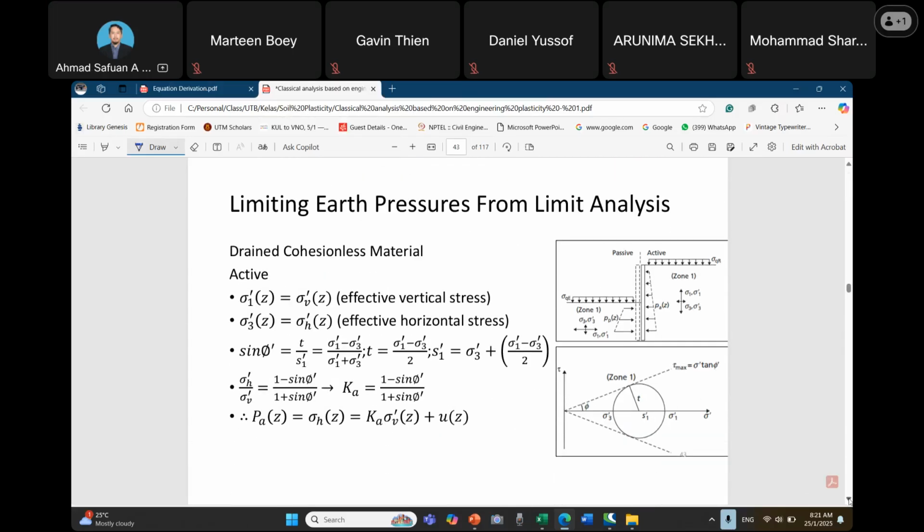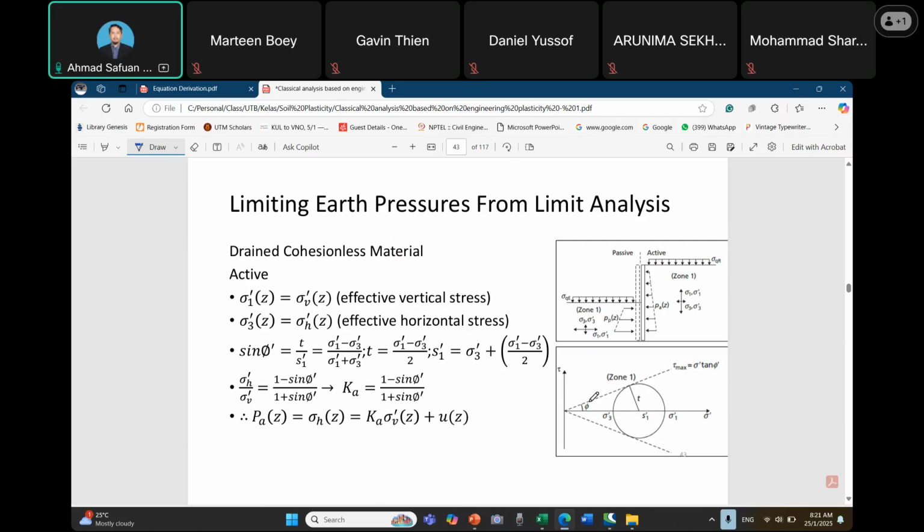This is for the drained cohesionless material. So I explain this derivation, how it works. Based on the sign, if there is a frictional material, there is an internal friction angle, which is phi.